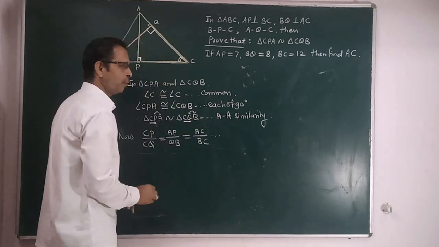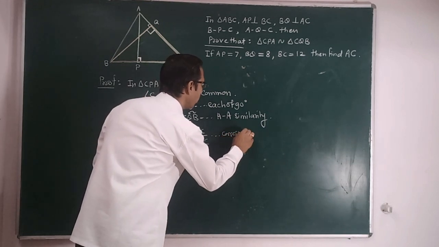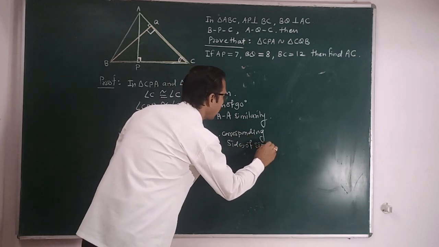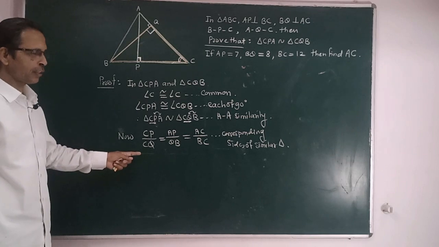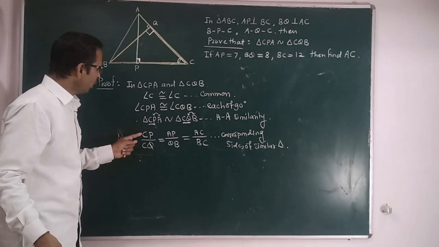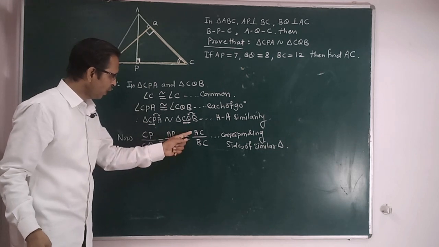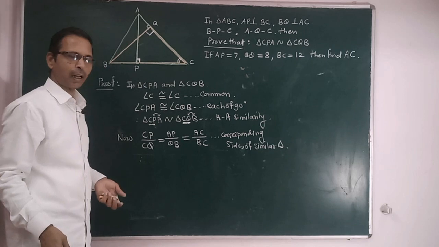Why do we write this? Because these are the corresponding sides of similar triangles. So CP upon CQ is equal to AP upon QB is equal to AC upon BC.